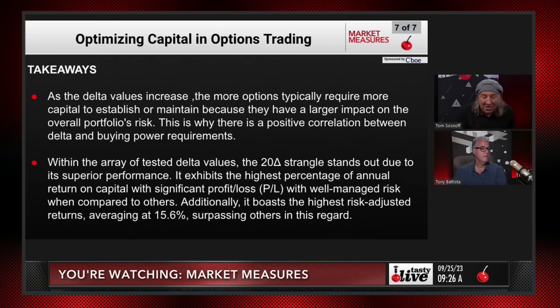NVIDIA, which is one of the most actively traded stocks, has an implied volatility between 48 and 50. Let's just say it's 48. When you look at the implied volatility of the S&Ps, let's just say it's 16, what it was coming into today.